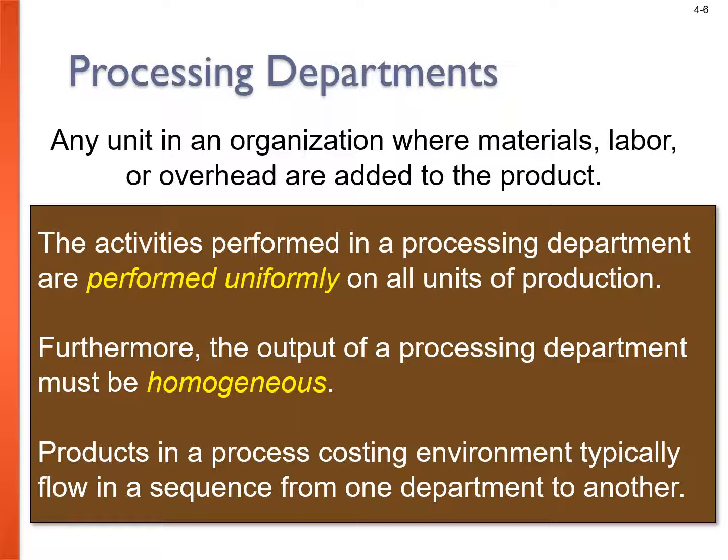The activities performed in a processing department are performed uniformly, the same way, no matter what product unit is being produced. The output of a processing department must be homogeneous, meaning it's the same thing. It's always paper towels. Products in a process costing environment typically flow in a sequence from one department to another.